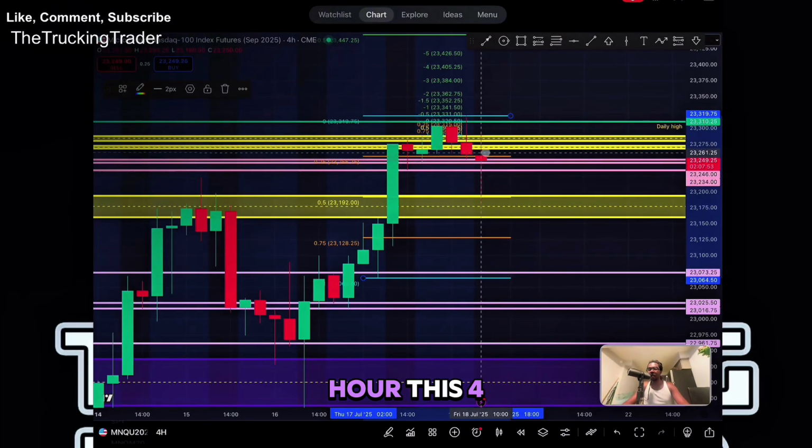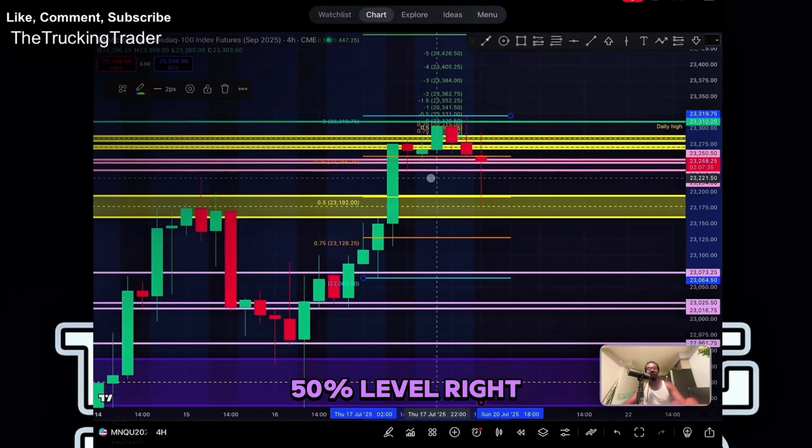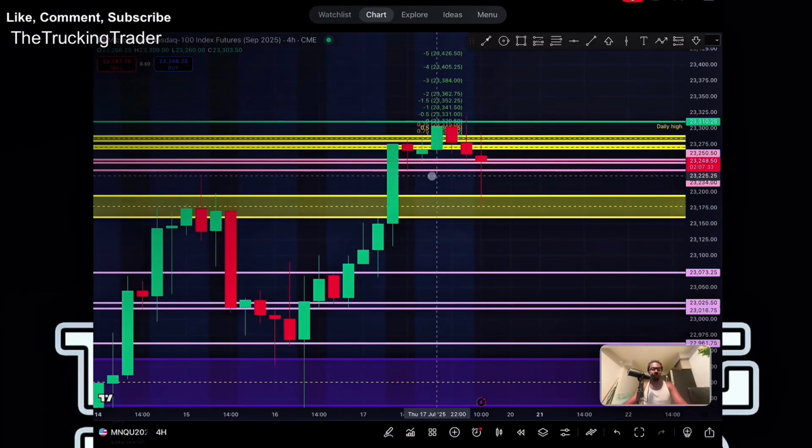This 4 hour candle hasn't closed yet, but if we were to use this swing high right here, our yellow line right here, our 50% level, would have been right below here, right? So we can maybe anticipate that the market is going to want to close above this 50% level, right? We'll have to wait and see.